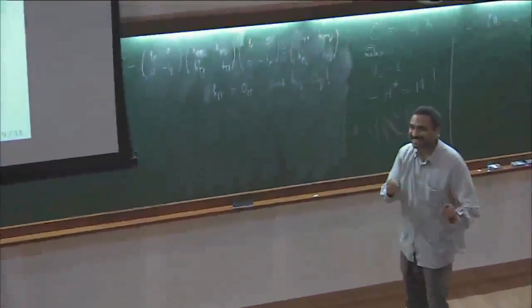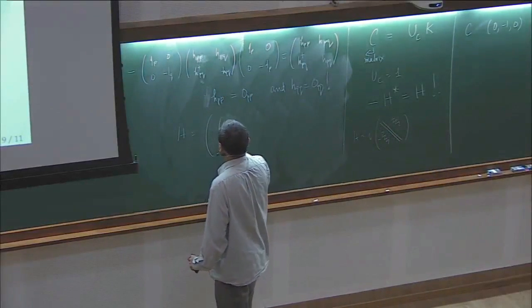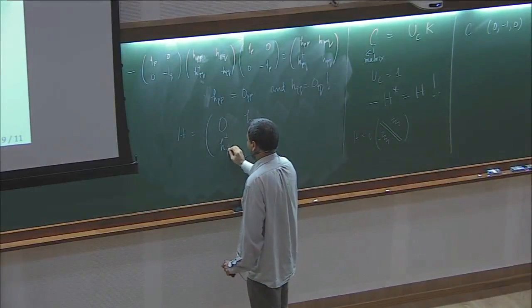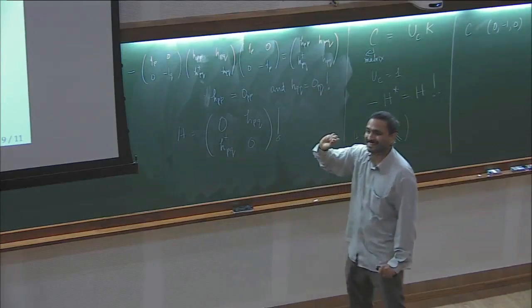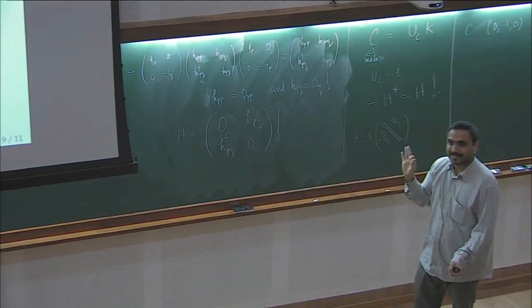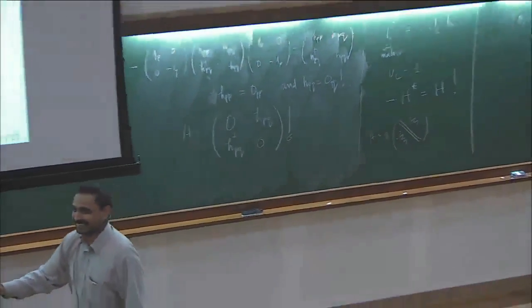What does that mean? The Hamiltonian looks like the following. You see that? So this is what Jay had used to say, that there is sublattice symmetry. Right?